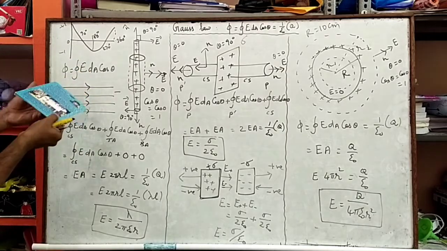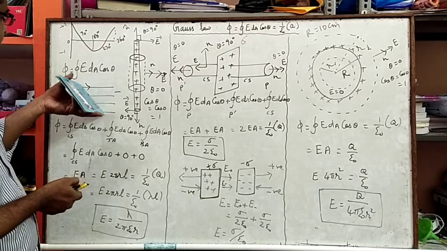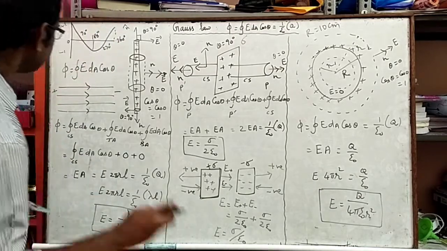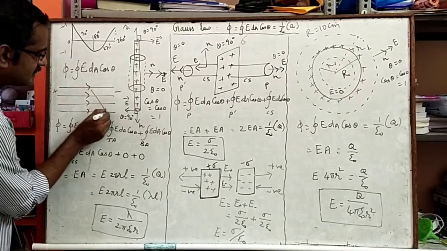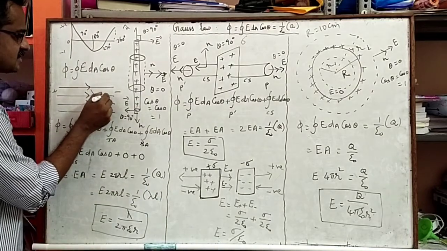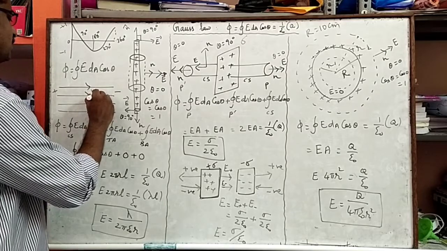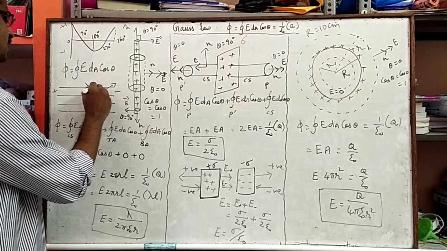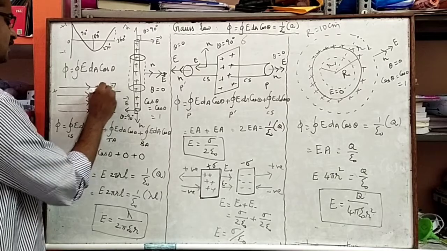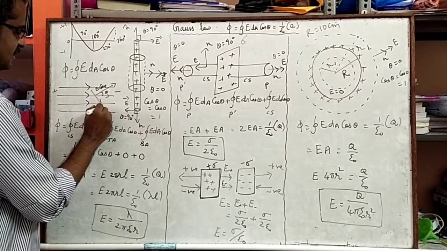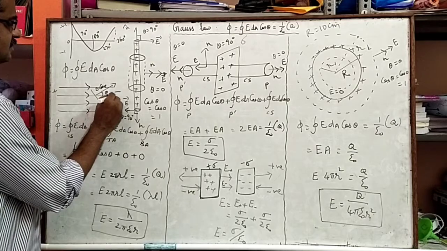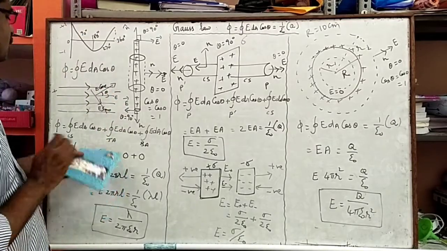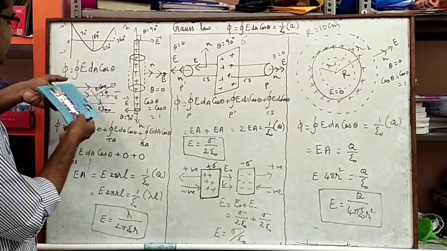In case if area is imagined like this, if it is inclined like this, then what happens? If the area is imagined this way, and this is direction of electric field, this will be the normal to the surface. This makes an angle theta. Then we take E cos theta here and E sin theta here. Then E cos theta component alone we consider.